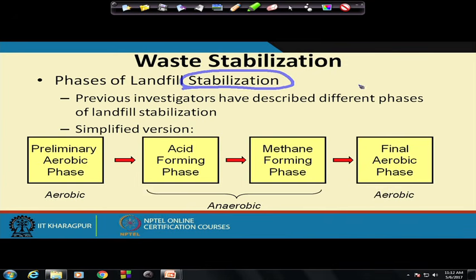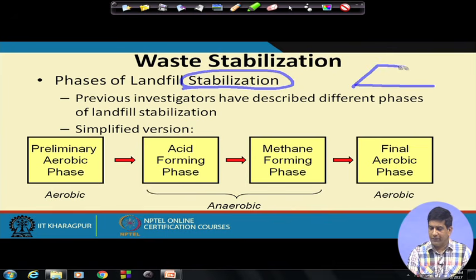The other reason the term stabilized is used is this: if you look at the landfill like the sketch we had earlier, when the waste starts degrading, your top liner comes down. Why?